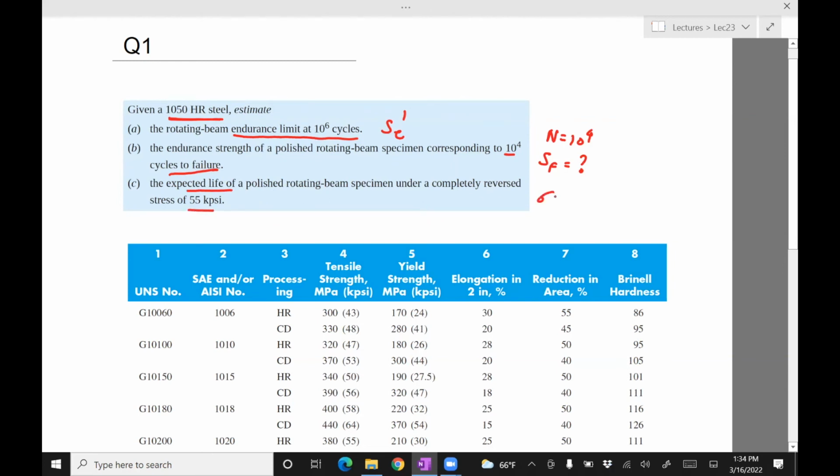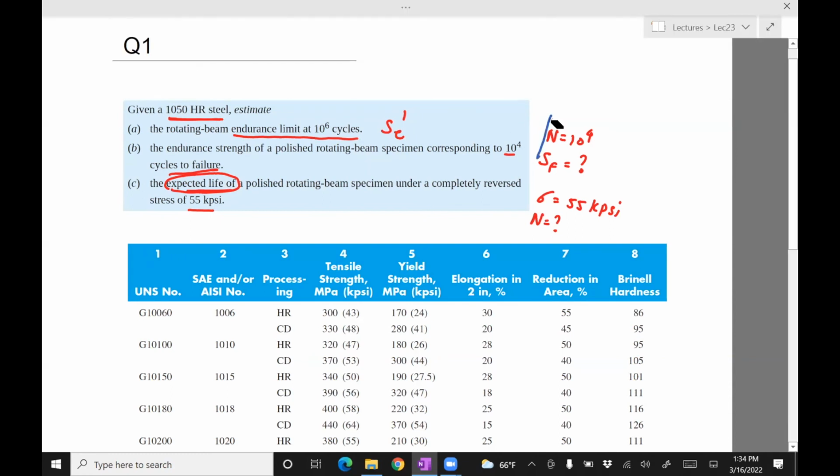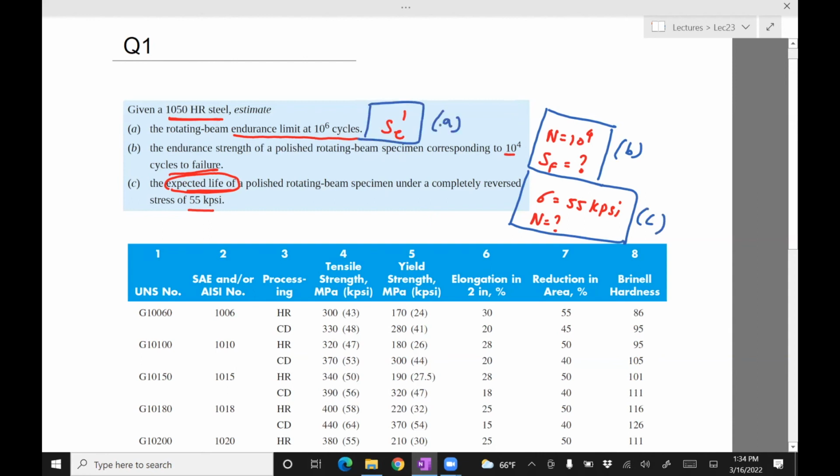So here we're given the strength, 55 kpsi, and told the expected life, which is nothing but the number of cycles to failure. So this is part B. This is part C. This is what you have to solve.